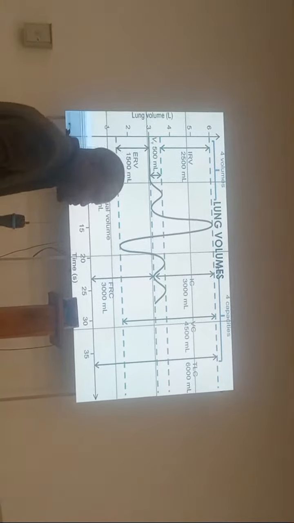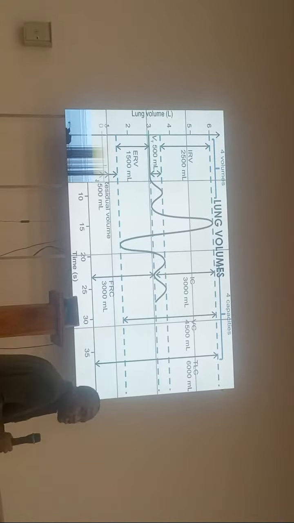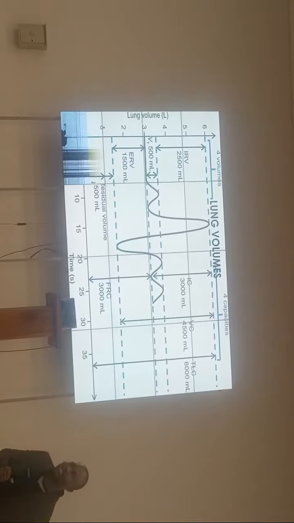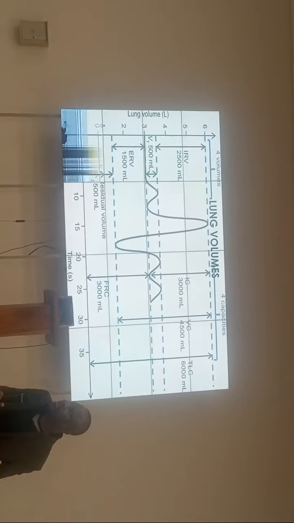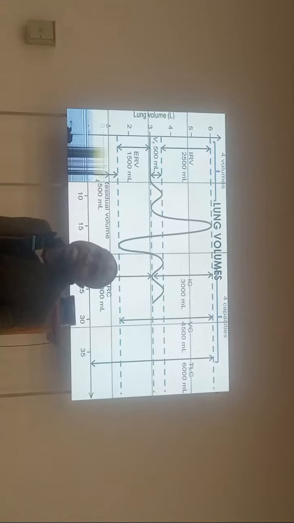So we have another disease called restrictive airway disease, such as lung fibrosis. This restrictive airway disease, like the name says, it restricts or prevents the lungs from expanding. And this airway disease that prevents lungs from expanding, it simply tells us that the lungs will not receive enough air inside.